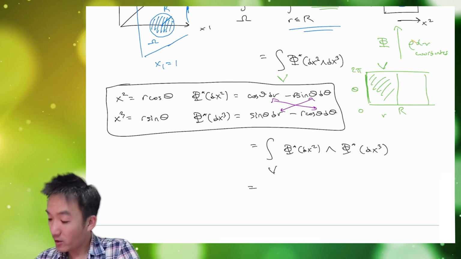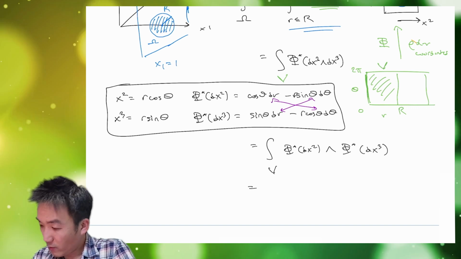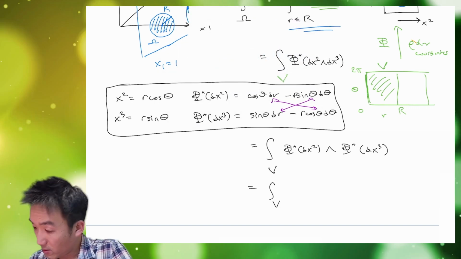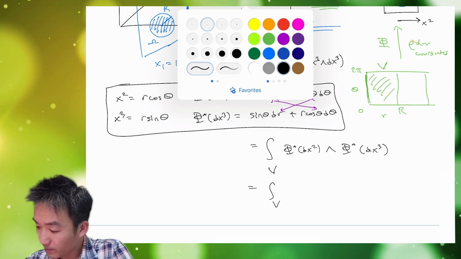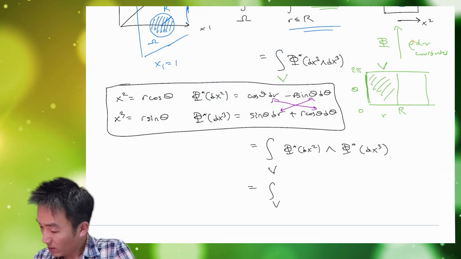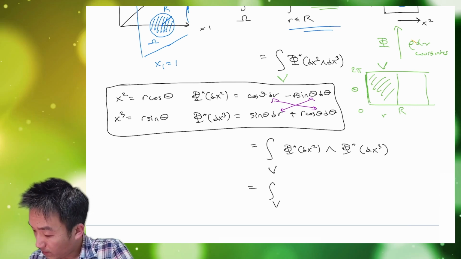Because when we wedge a 1 form with itself, it's 0. And so if we only look at the cross terms, oh, right, this should be a plus. Okay. So we're going to get an r cosine squared theta dr wedge d theta, and then a minus r sine squared theta d theta wedge dr.